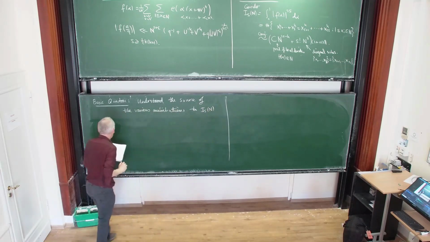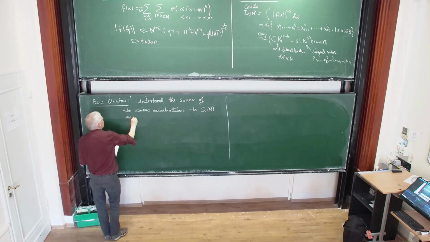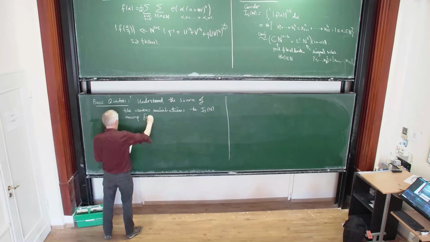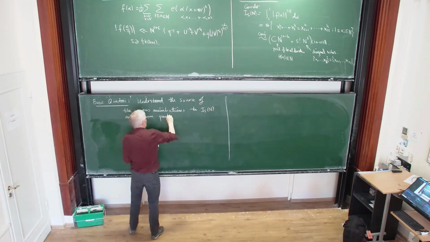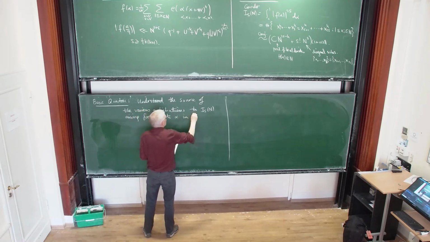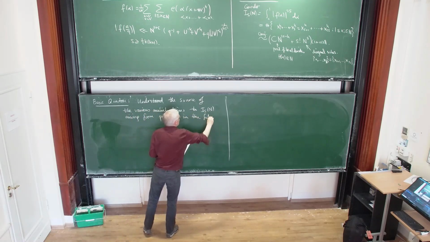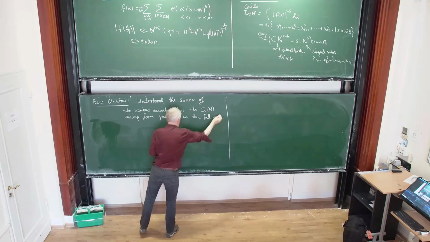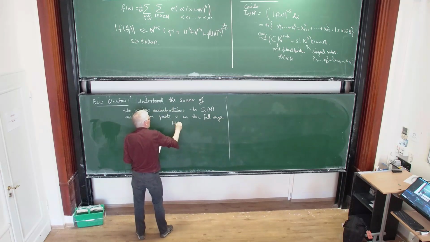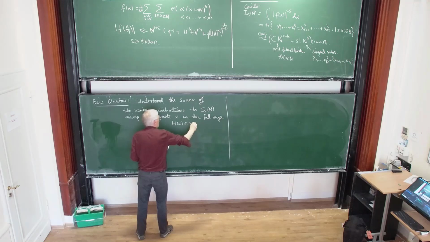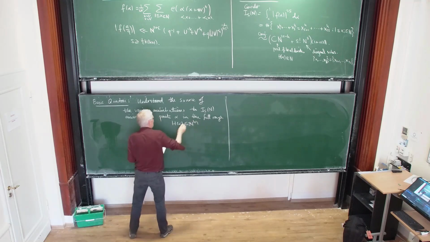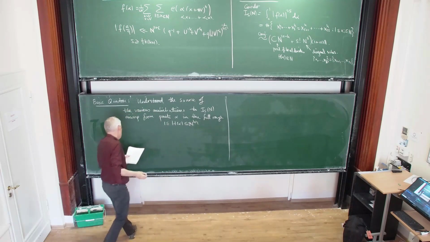Of course, that's a special case, but never mind. Arising from points alpha in the full range, but h of alpha can be as large as n to the k over 2.